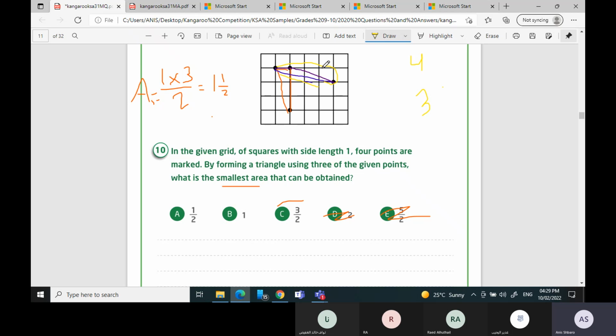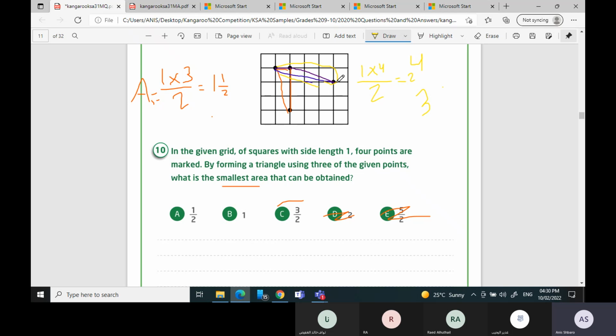So simply go count 1, 2, 3, 4, and 1. So it's 1 multiplied by 4 over 2, which is equal to 4 over 2 equals 2. So the area of the bigger one is 2.